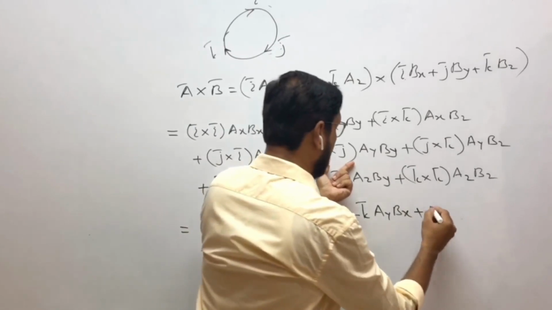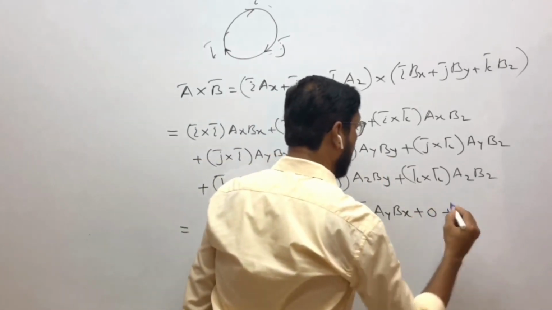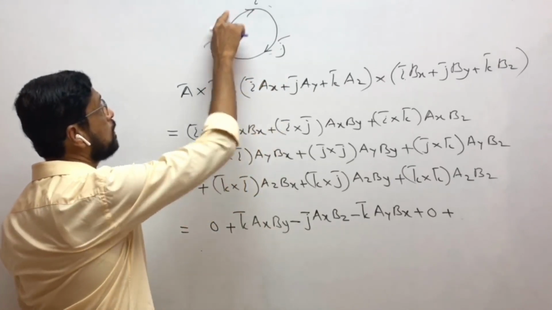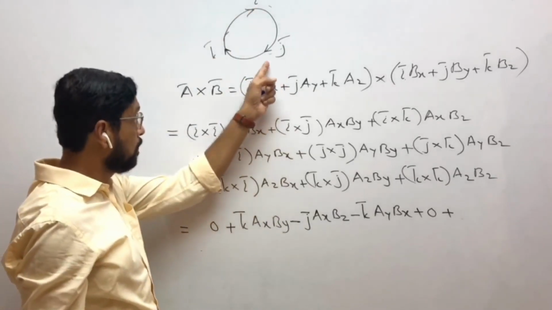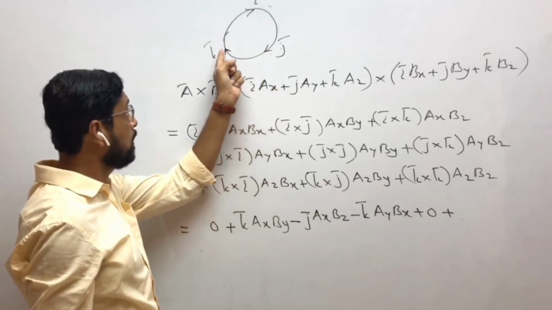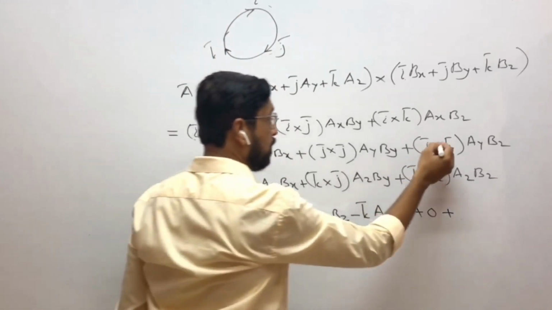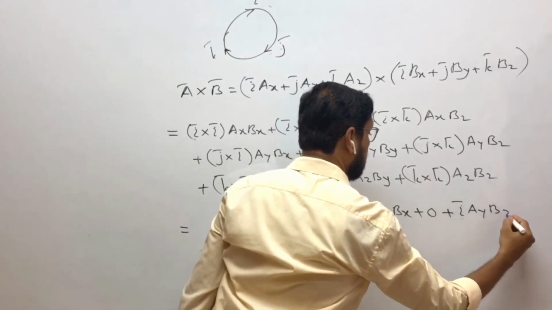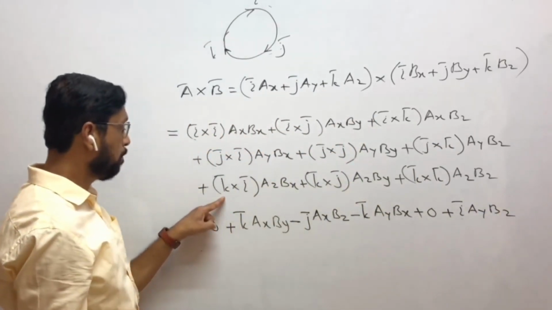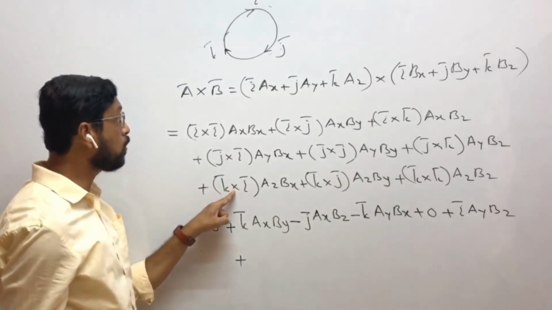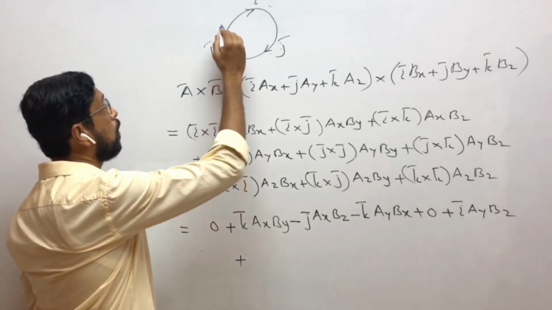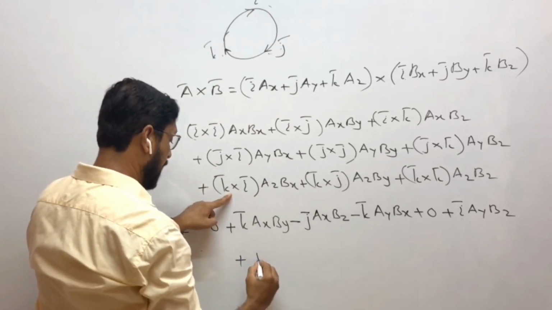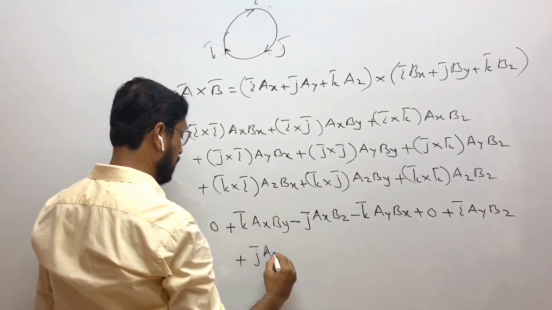So this whole term will become 0, plus J cross K is equal to I, because we are going in the direction of the arrow. So in place of J cross K, it will be I into AY BZ, plus K cross I is equal to J. So in place of K cross I, it will be J into AZ BX.